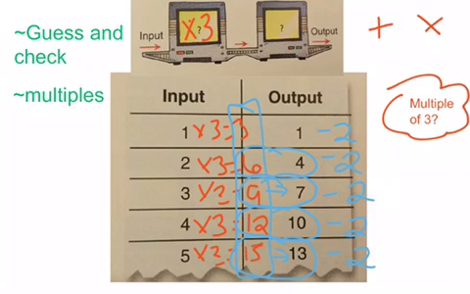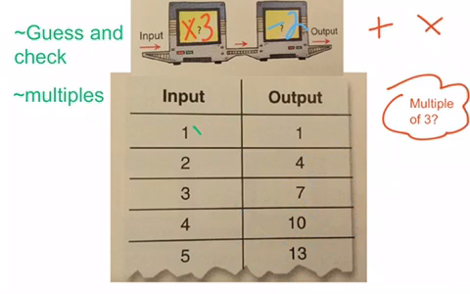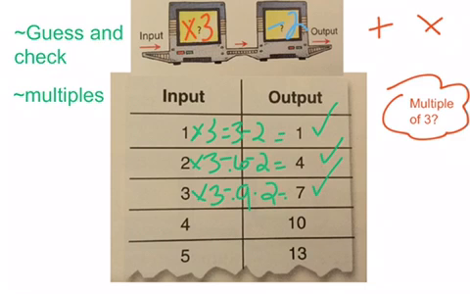So it seems like in each case, I might be able to multiply my input by 3 and then subtract 2. Let's see if that rule works. 1 times 3 is 3, minus 2 is 1. 2 times 3 is 6, minus 2 is 4. 3 times 3 is 9, minus 2 is 7. 4 times 3 is 12, minus 2 is 10.